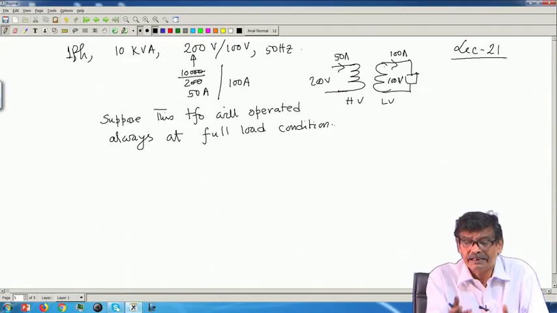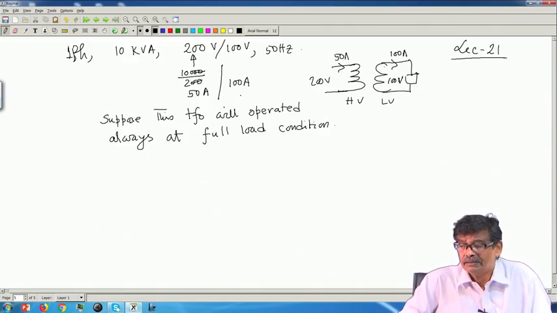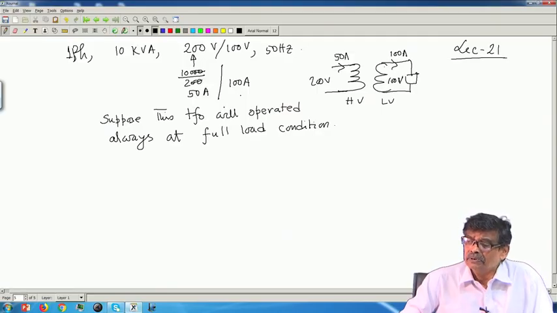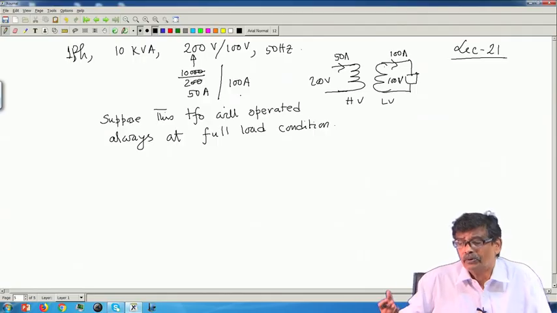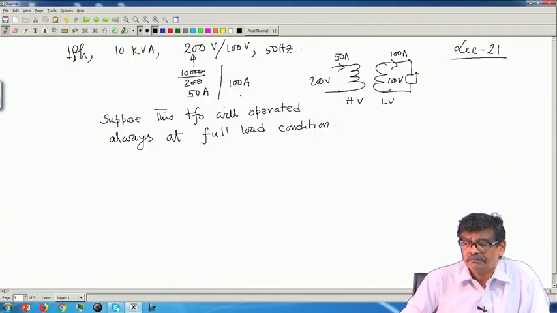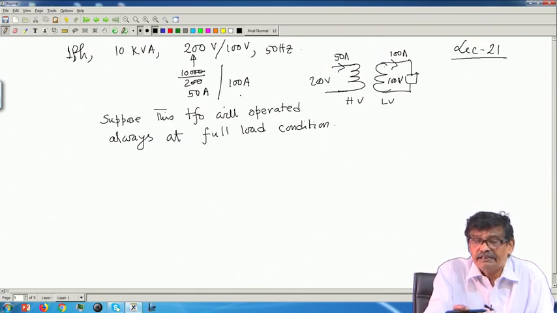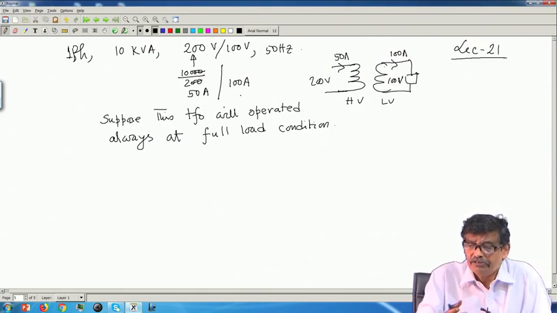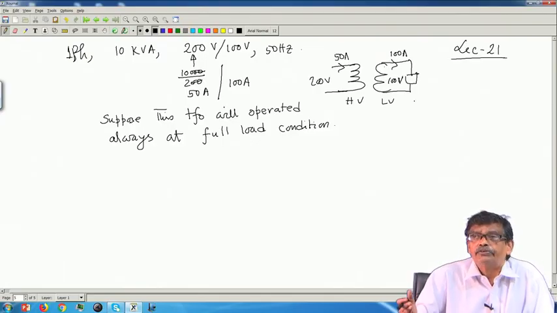You have purchased a 10 kVA transformer whose current ratings are 50 ampere, 100 ampere, so you would like to operate the transformer at full load. Not that you half load it and continuously run it. Then you should have purchased a transformer having a lesser kVA rating. But since you have purchased it, it looks like you will be using it always at full load condition.